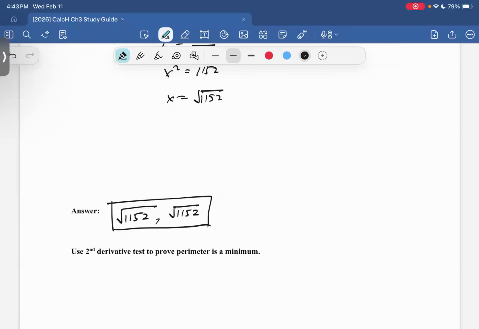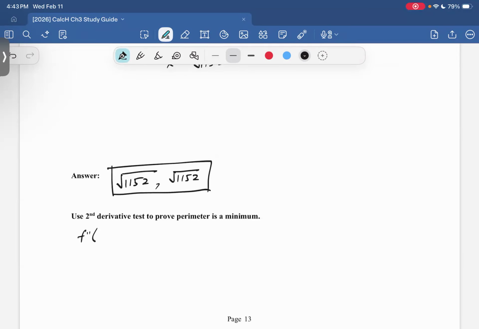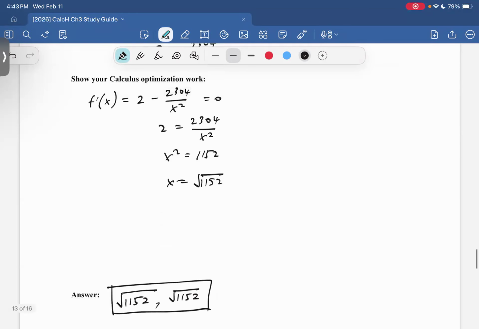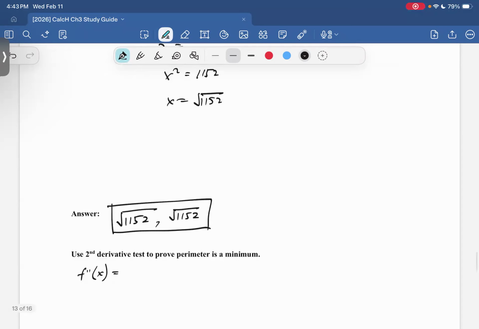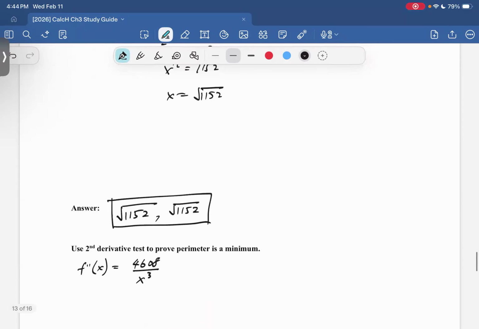Now we have to use the second derivative test to prove that this perimeter is a minimum. So we're going to take the second derivative of f of x. That is going to give us, oh gosh, 4608 over x cubed, I think. Yep.